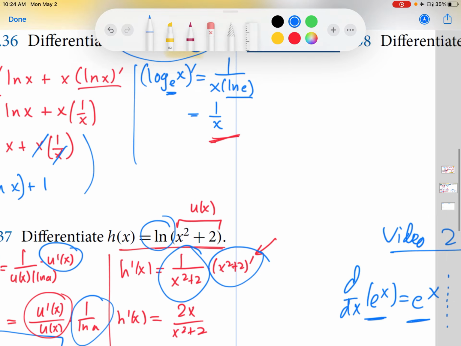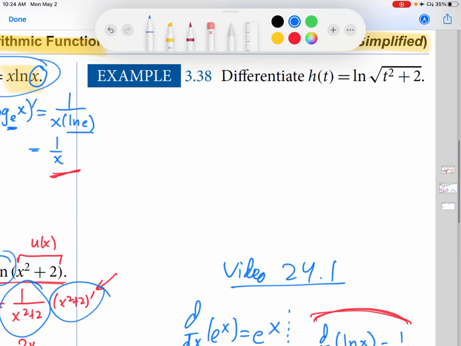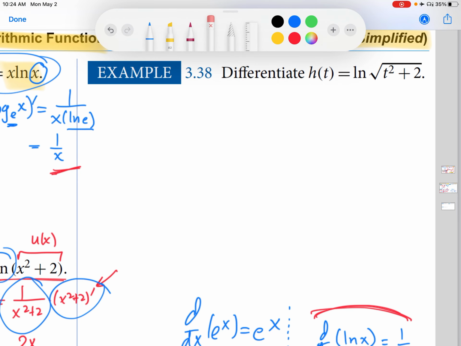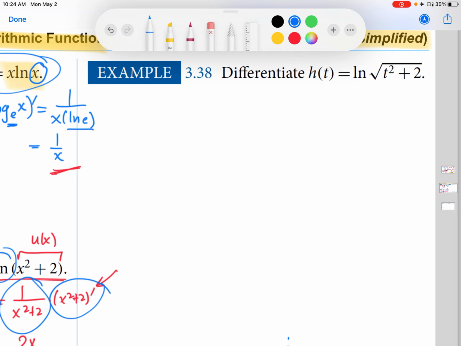Great, so let's zoom right along and go through the last example in the video. Over here up top, you see example 3.38, and this one says differentiate this function. Very, very similar to what we just did, and that's why it's here. So we can do this one of two ways, and I'll do it both ways just to give you some more practice.